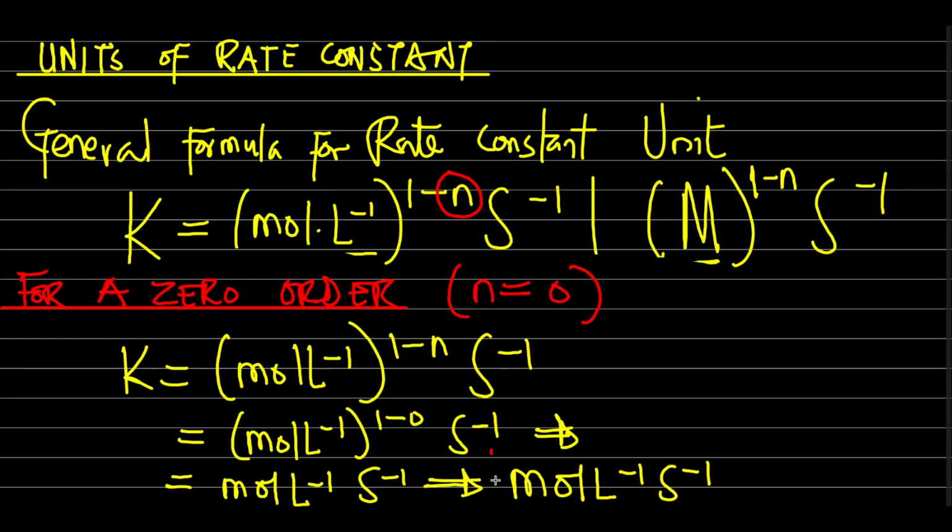So for zero order reaction, the unit of the rate constant is this. So that is that for unit of rate constant.